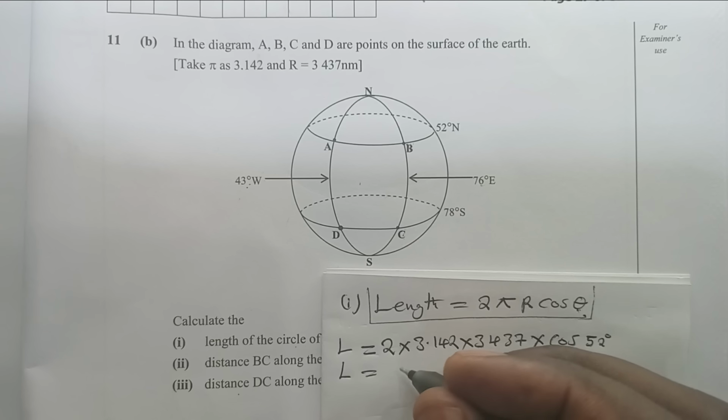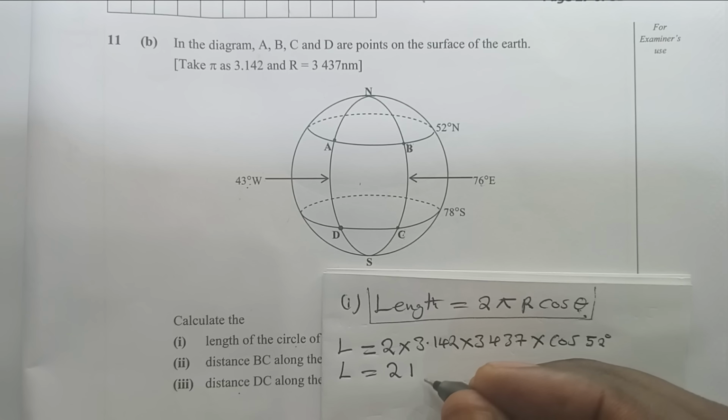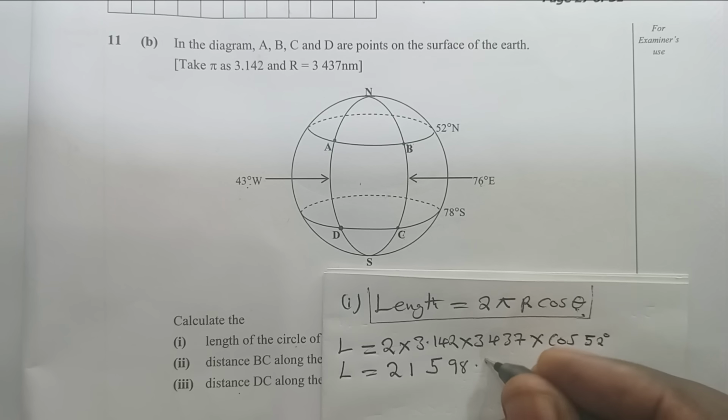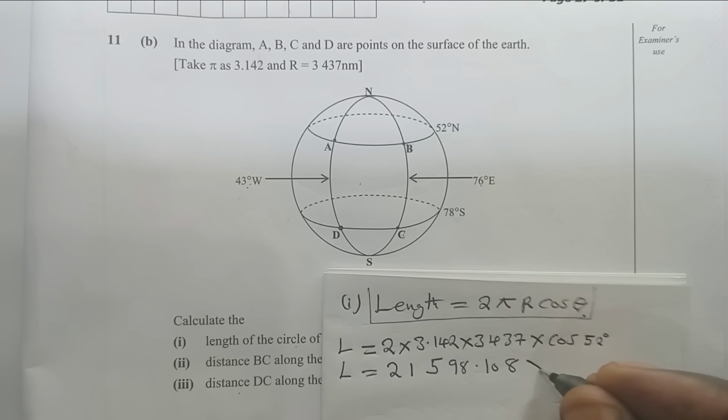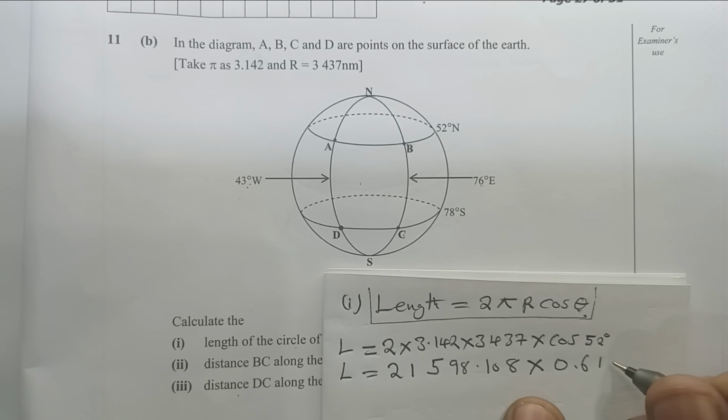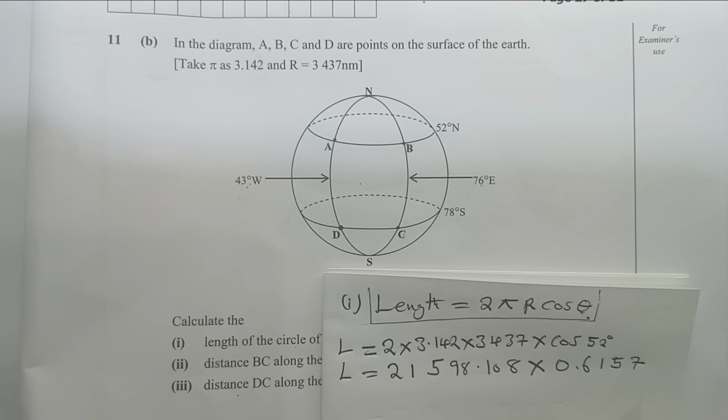So this is going to give us 21,598.108, which we shall now multiply by cos 52 degrees, which is going to give us 0.6157. We can end at that.